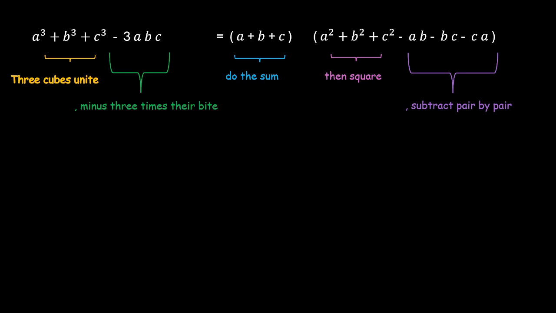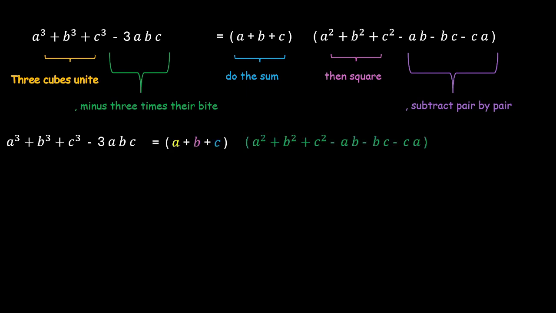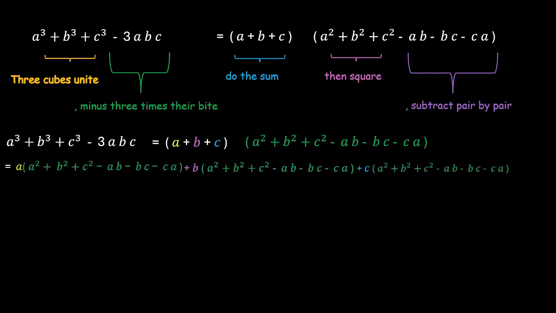So let us now look at the right hand side and let us try to see if this is actually true. So now we'll multiply the entire green term with a, then b, and then c. We have used distributive property again. So this will give us a cube plus ab square plus ac square minus a square b minus abc minus a square c.